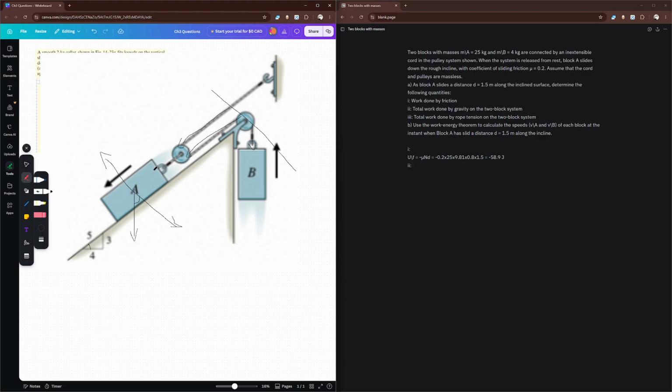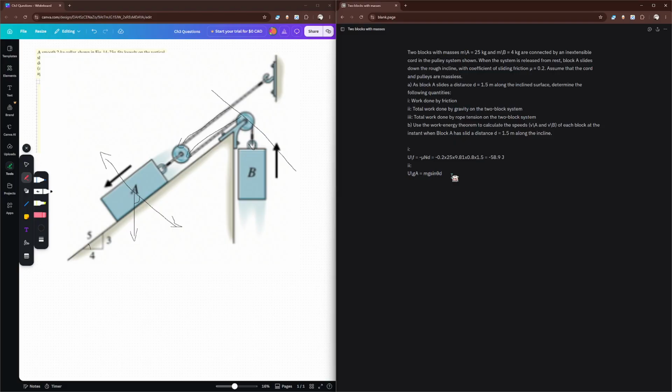So for block A, it displaces vertically d sine theta. We go down 1.5 at an angle with sine of theta, so 3/5. So we have U of GA, so gravity of A is equal to mg sine theta d.